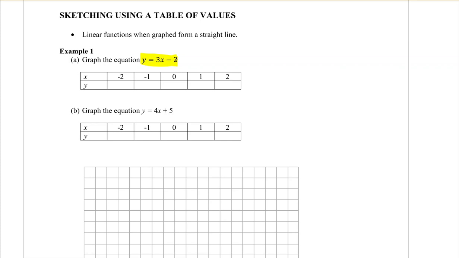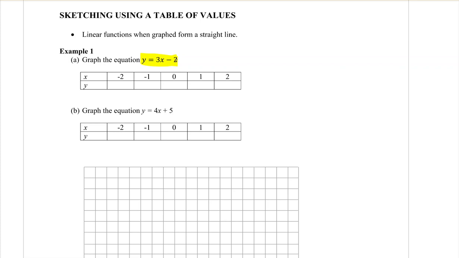We need to find all the y values. So this is substitution. We need to put one of these values at a time into that equation, replacing the x with minus 2. Remember that the x being next to that 3 means that they are multiplied.